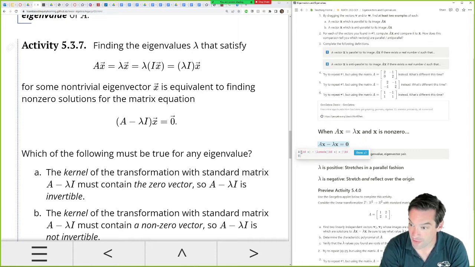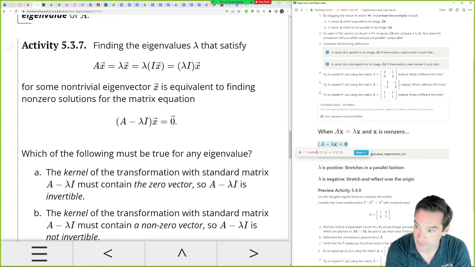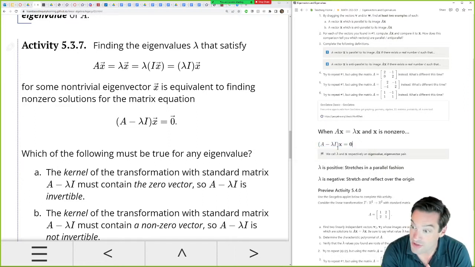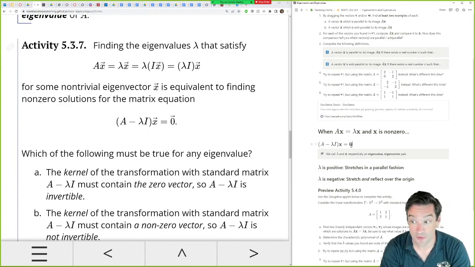If I factor it out from the first term, I just get A, naturally. But if I factor it out from the second term, I need a matrix in here to be multiplying the vector x. And since I don't have a matrix in there, I'm just going to wedge in the identity matrix in its place. And so the equation that we end up solving using our techniques from the very beginning of the course is the equation A minus lambda times the identity matrix, times x, is equal to the zero vector.